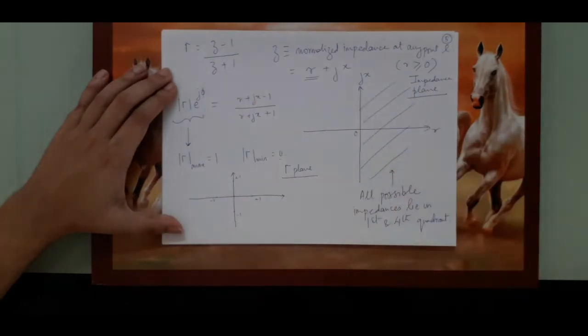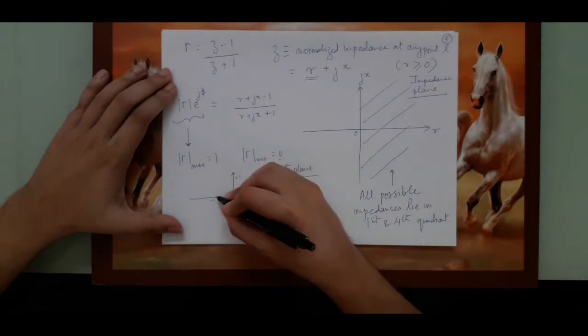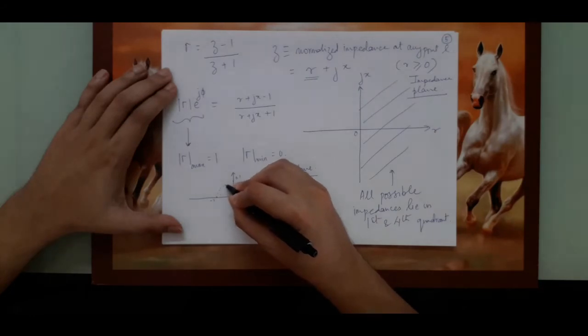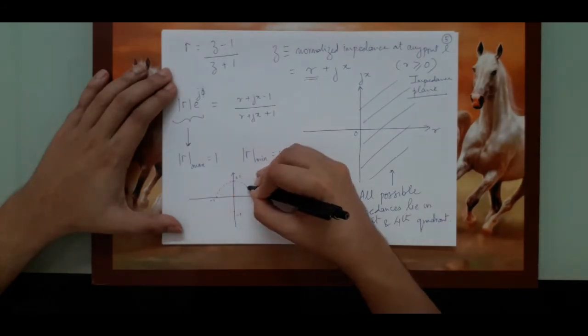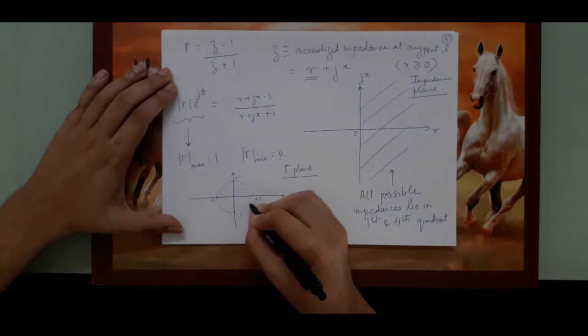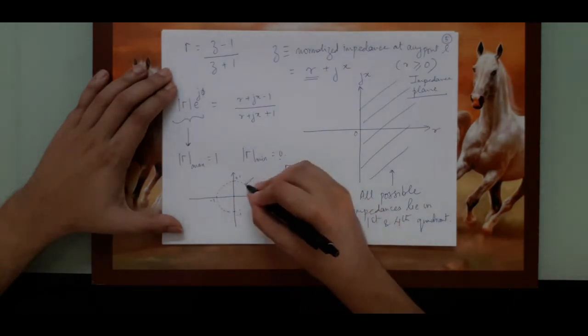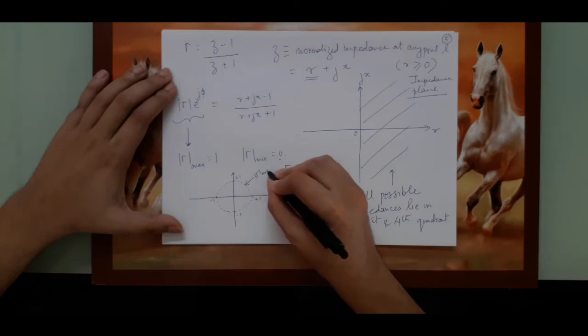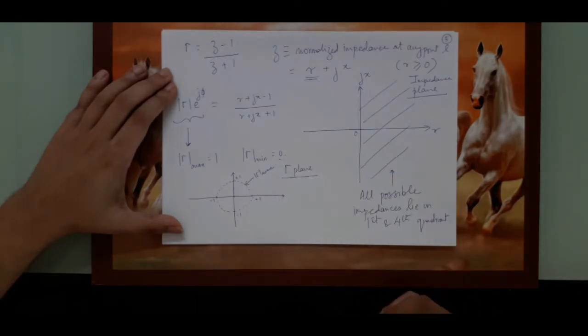So how can we represent this gamma? We can represent the gamma max by using a circular contour, which is 1.